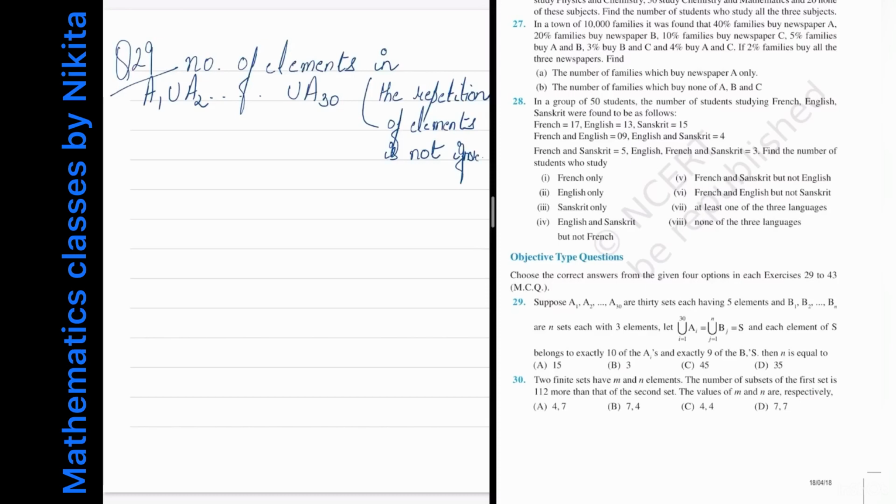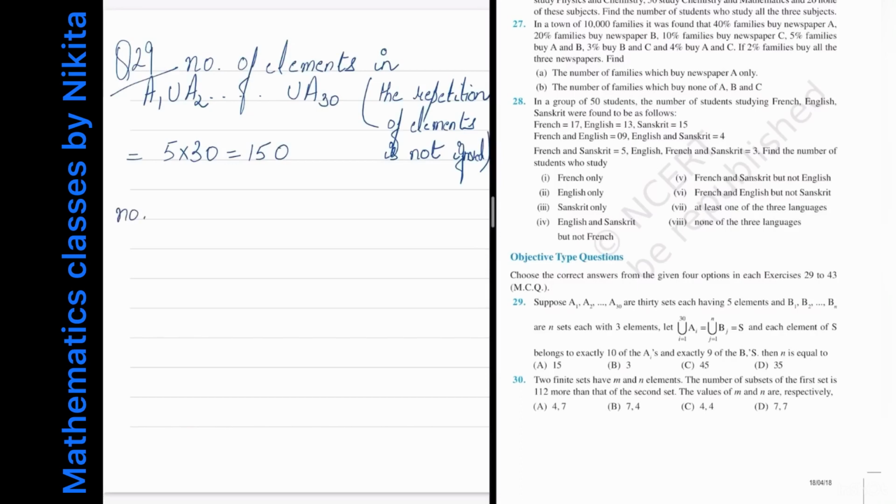Okay, that means there could be elements which are repeated. So this is equal to, now it is given that each set contains 5 elements. So their union will contain how many elements? 5 into 30, which is equal to 150.